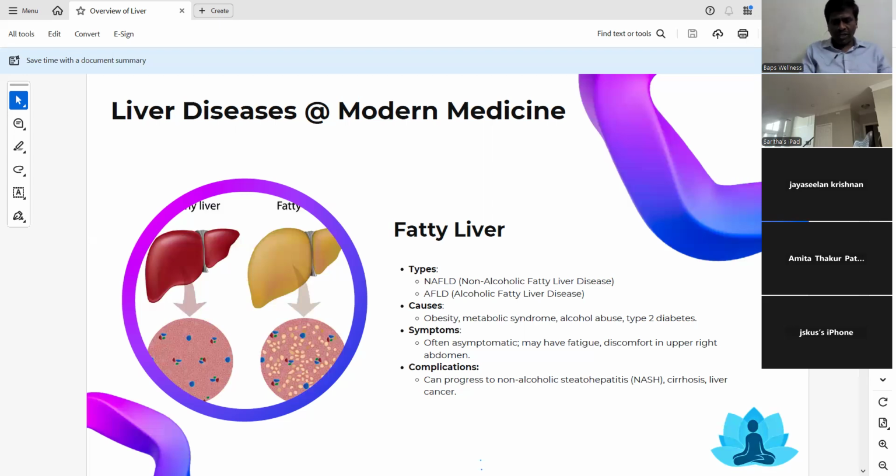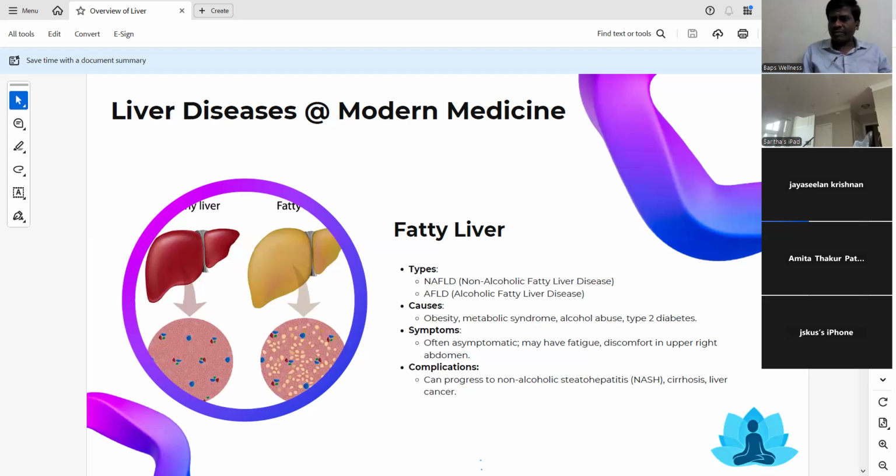With regard to the treatment, yes, both can be reversed. Both AFLD as well as NAFLD can be reversed with proper lifestyle changes, proper diet and proper management. In case of NAFLD, the first thing is to address the metabolic aberrations: weight loss in case of obesity, and PCOD or the other conditions, regulate that.